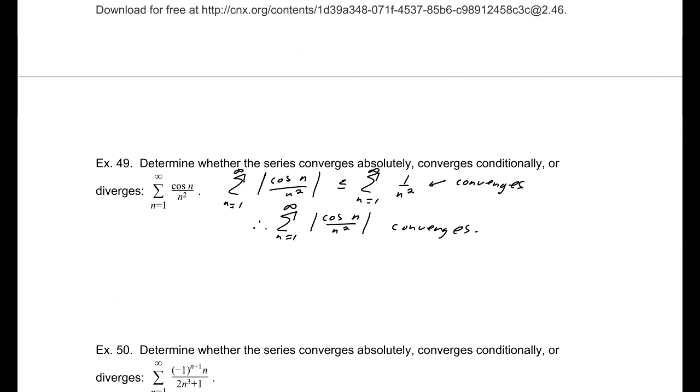We only have to look into conditional convergence if the absolute value does not converge, if it diverges. So therefore, the sum from 1 to infinity of cosine n over n squared converges absolutely.